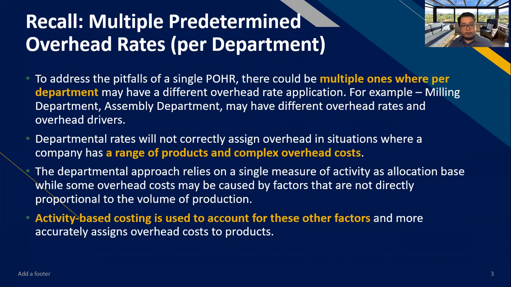Here we are recognizing that not all overhead can be characterized as driven by direct labor hours or machine hours. Because simply put, there might be other drivers that drive their cost movement or cost increase or cost behavior.